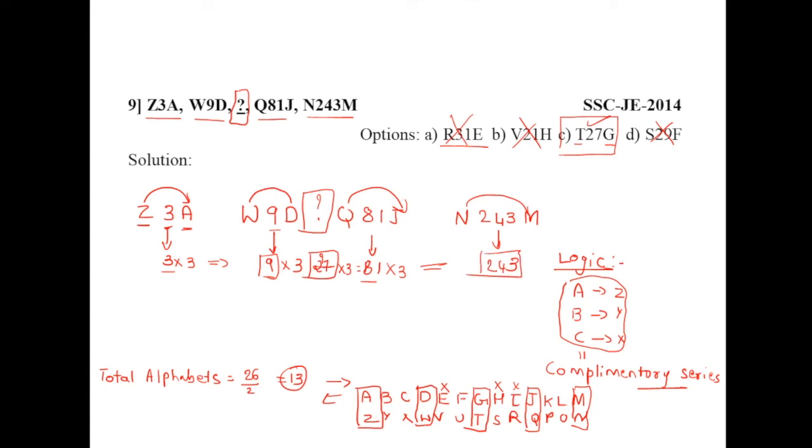So the question mark at the middle is T, with the number 27, and next G, because T and G are complementary. This is one of the very important questions they usually ask in government examinations. So the answer for this question is T27G. Okay, I will move to the next question.